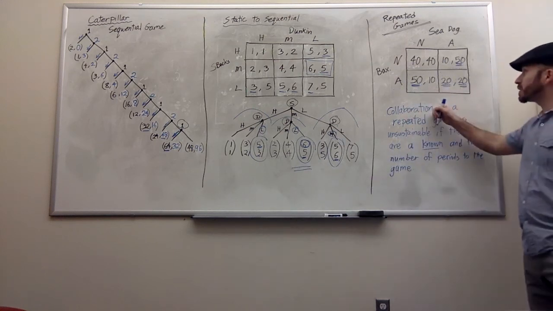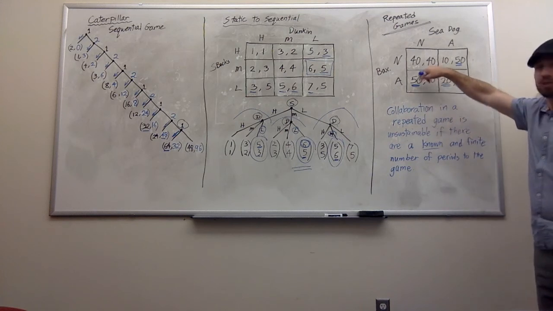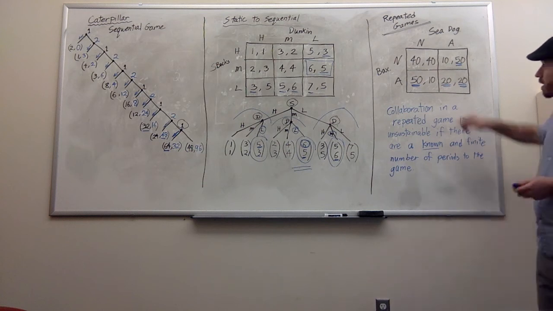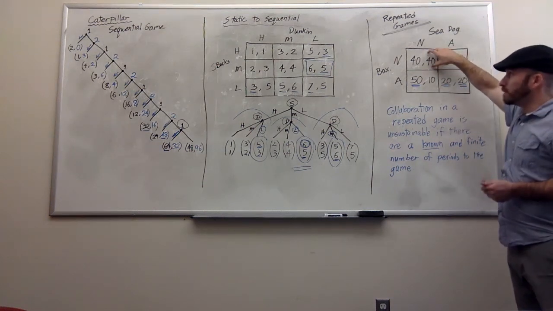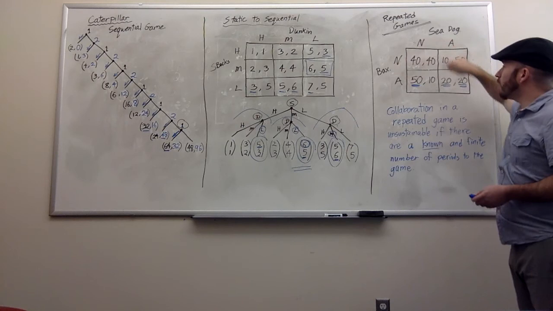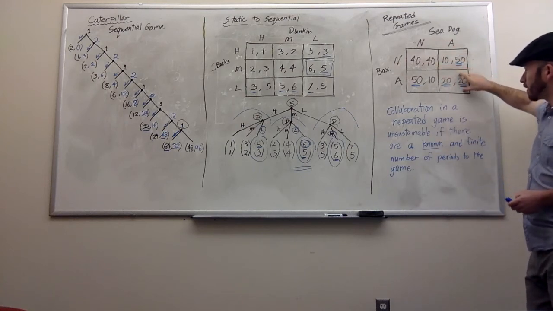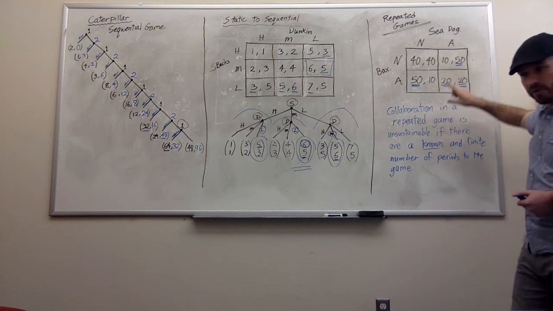Where by collaboration, I mean working together to achieve an outcome that is socially preferable, socially as in for all of the players involved, to an outcome that is a Nash equilibrium, right?